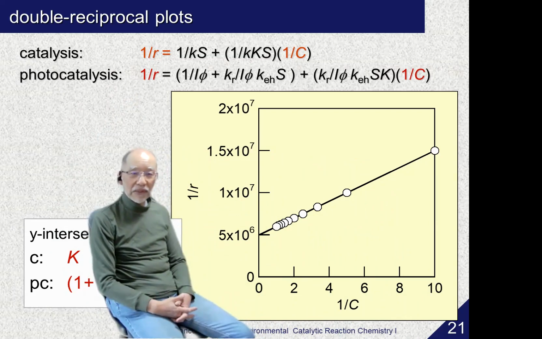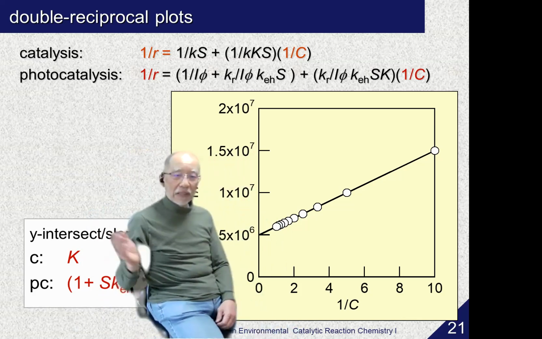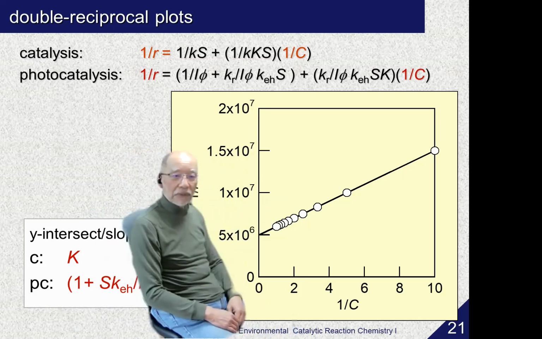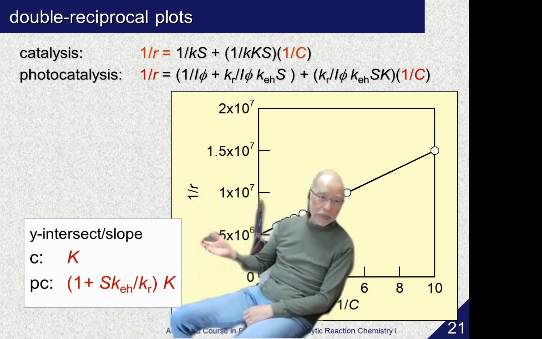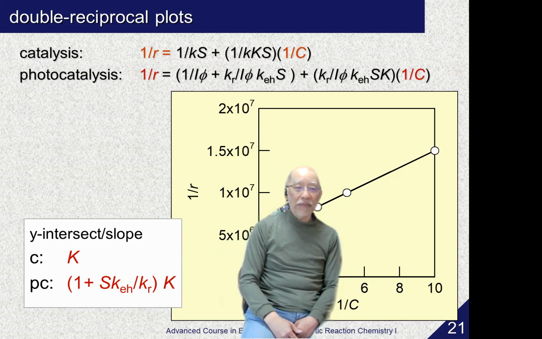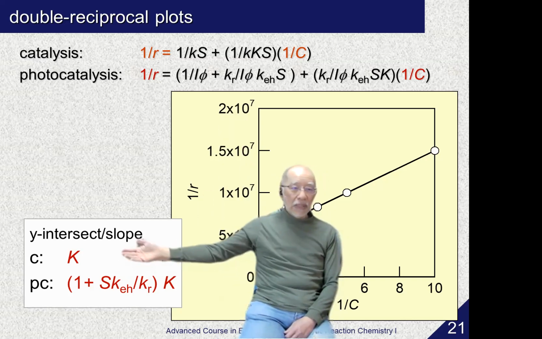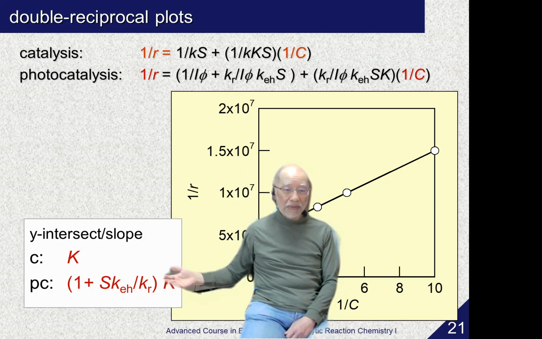If we assume Langmuir adsorption in catalytic reaction, 1/R and 1/C have a linear relationship. But if we think the same way for photocatalytic reaction, we should get a similar linear relationship between 1/R and 1/C. The ratio of y-intercept and slope for catalytic reaction is just the adsorption equilibrium constant. But by checking this equation, the ratio of y-intercept and slope in photocatalysis is a bit complicated.